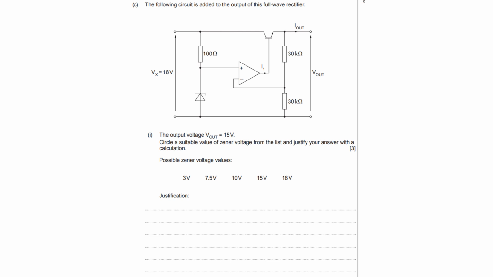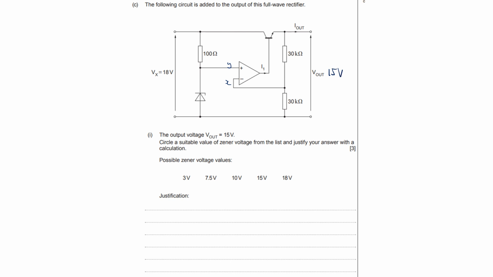Okay, so how voltage followers work, which is the op-amp bit, is the two input voltages are kept the same. So if I know this voltage here, I'll call it X, it's got to be the same as the voltage there. So I can work out the voltage at X because I know that the output voltage is 15.